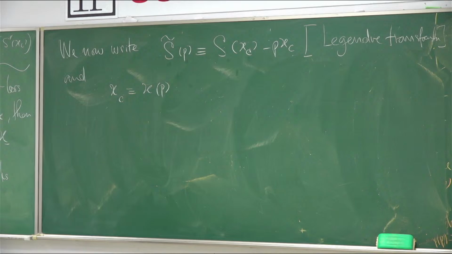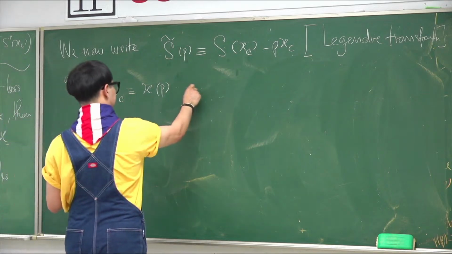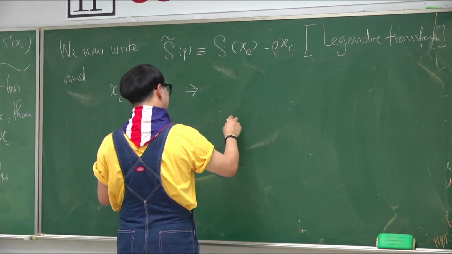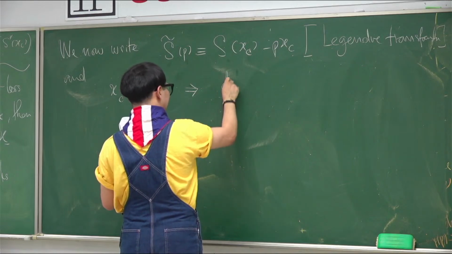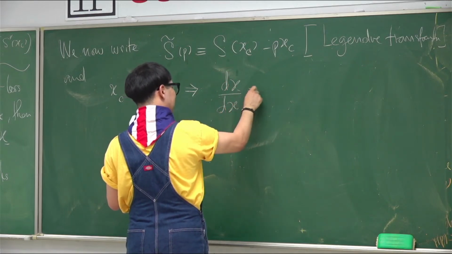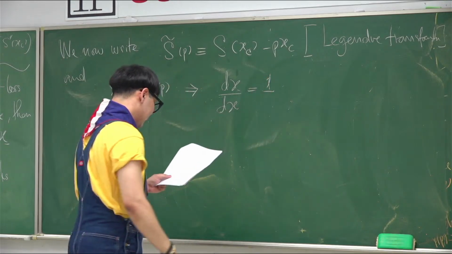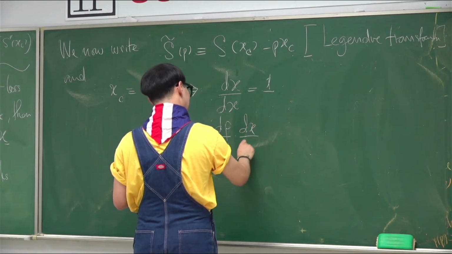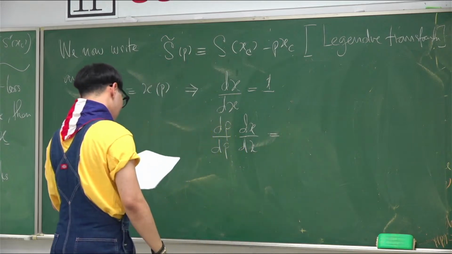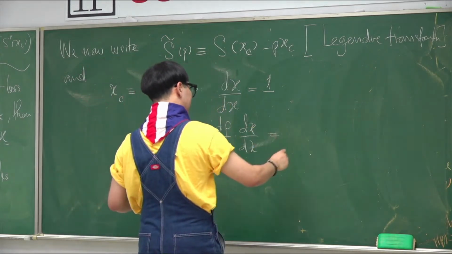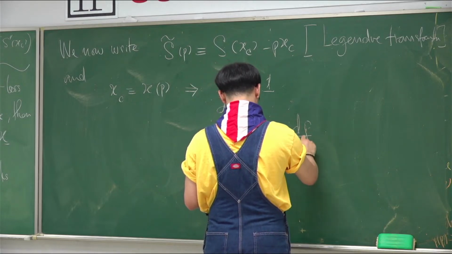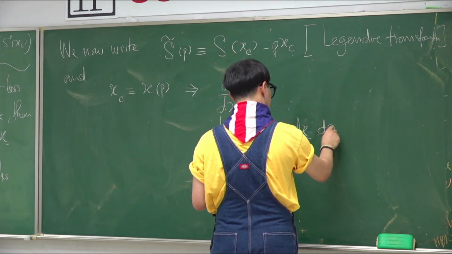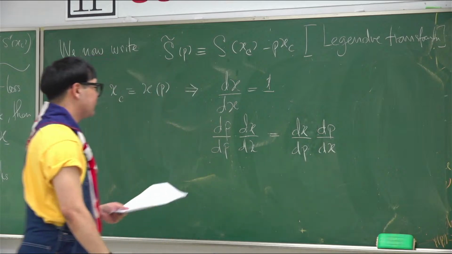x_c as a function of p. This is very tricky. Let's look at this carefully. We know that if you do this derivative, you get 1, right? And then I do this, of course it still holds, and I swap it to be this one.